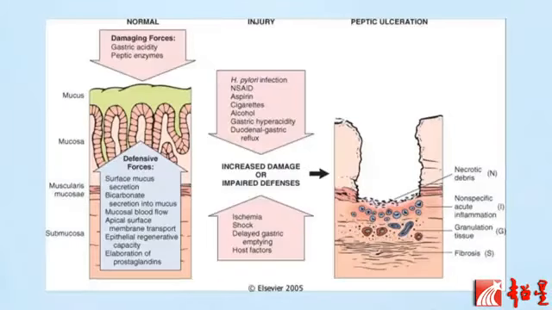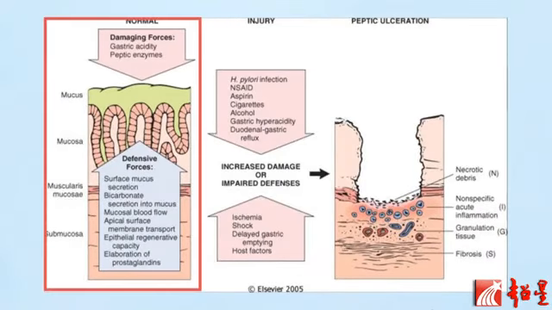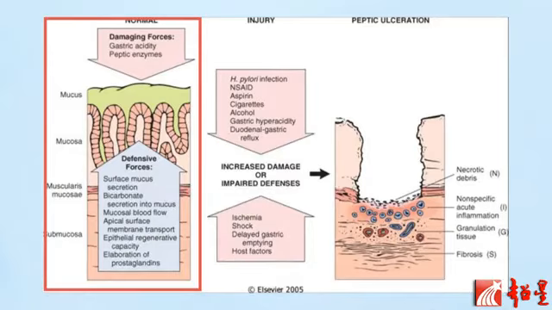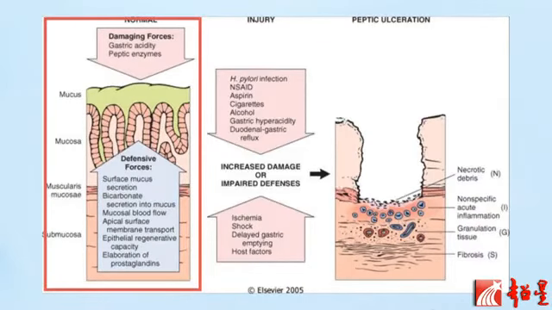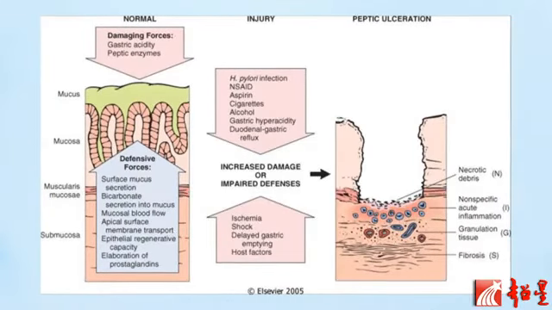And here shows the causes of peptic ulcer. Normally the mucosa has some defensive forces. For example, on the surface we can see mucus secretion. They are covered with this mucus.